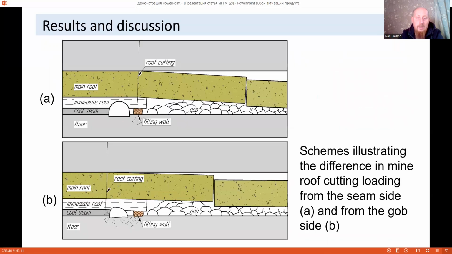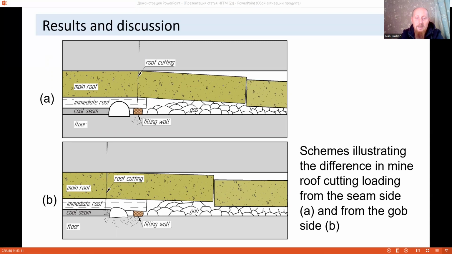On slide 9, you can see how the location of the destruction of the main roof affects the condition of the roadway and the loading of the support system. When the stress extremum in the main roof is shifted towards the untouched massif, the probability of cutting of the main roof from the side of the massif increases.